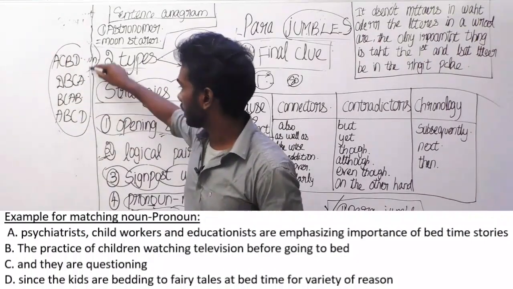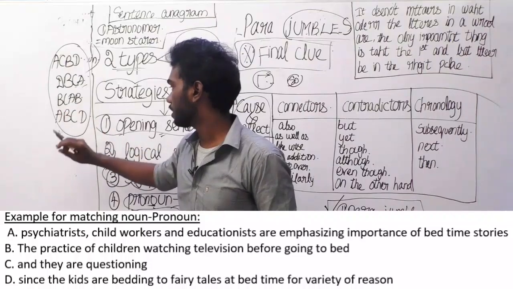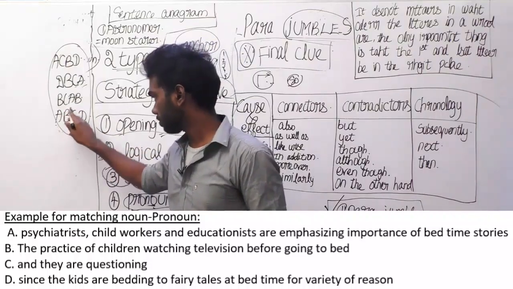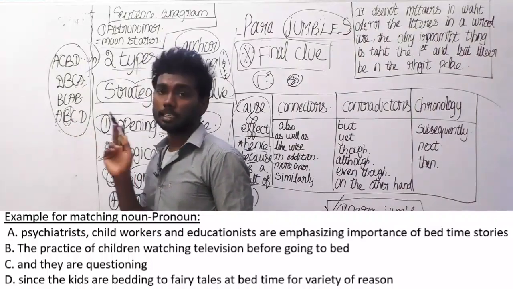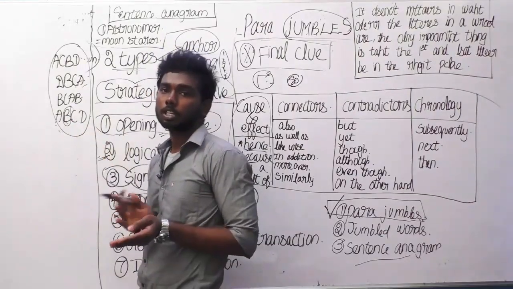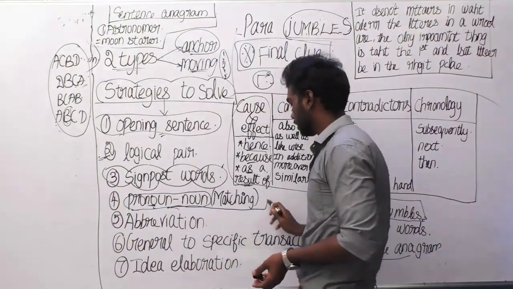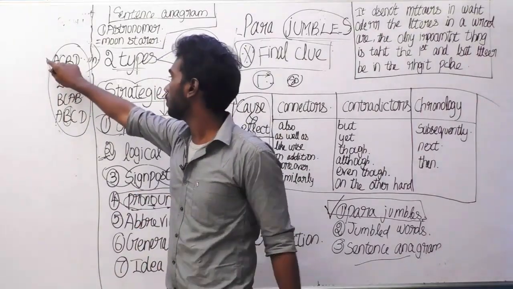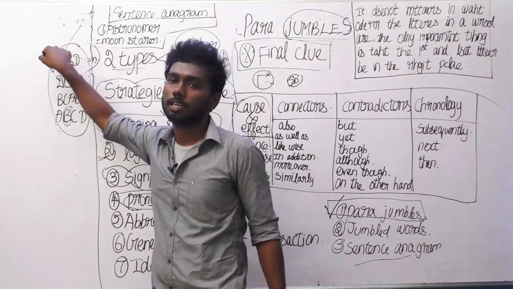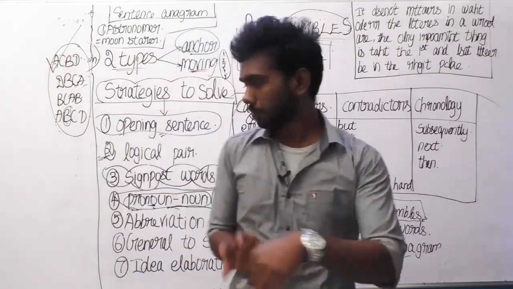In which option does A come before C? In this option A comes after C. In this also A comes after C, and in this A comes before C, but there is a B option here. So A and C must be next to each other, because that is the clue here, pronoun and noun matching. So A comes before C directly only in this option. So it is another easy technique to solve this question.